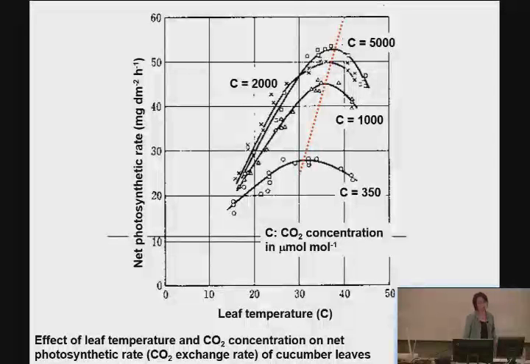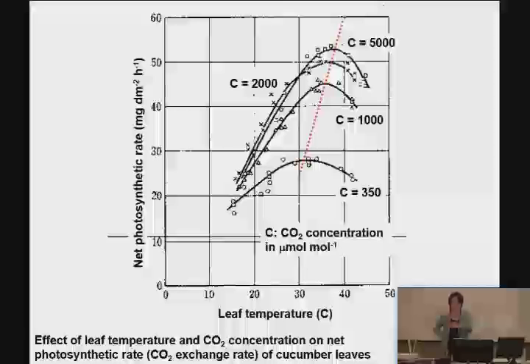CO2 concentration affects the optimum temperature. When you have a higher CO2 concentration, plants seem to increase the optimum temperature a little bit. The reason is that it's related to the Rubisco enzyme, which is basically capturing CO2.